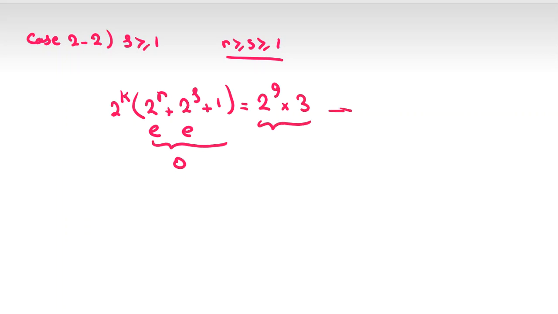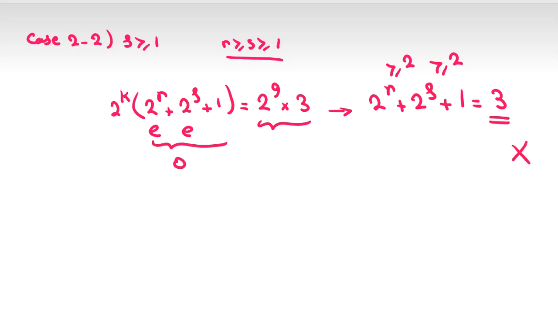So we conclude the odd part of the left hand side is 2 to the r plus 2 to the s plus 1, and the odd part of the right hand side is 3. Because r is at least 1, 2 to the r is at least 2. So 2 plus 2 plus 1 is 5, at least 5, cannot be 3. Impossible. So we've solved this problem completely.